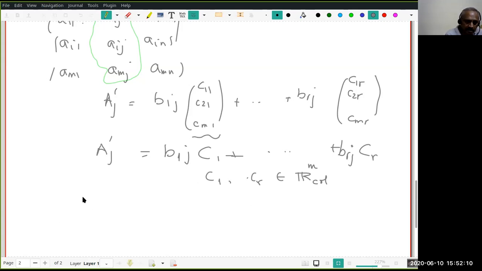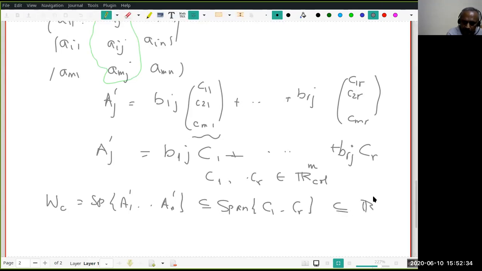That means the column space, let us look at the column space WC, is a span of A1 to AN. This is contained in the span of C1 to Cr, and this of course is contained in R^m, right?